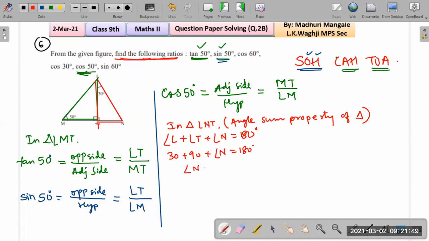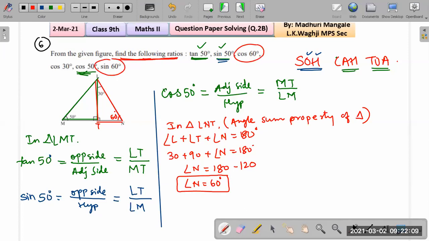So angle N equals 180 minus 120, that's 60 degrees. So this angle is 60 degrees. That's how they are asking for cos of 60 and sine of 60.